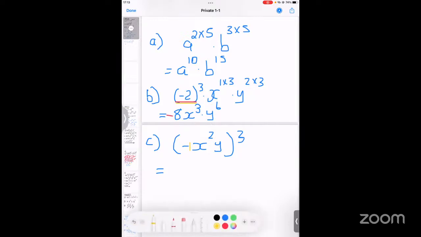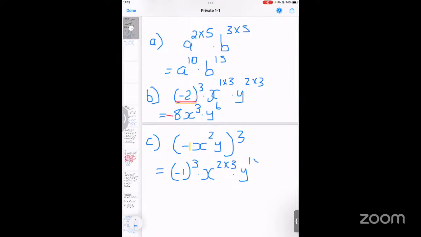So that means when it comes to this one, we will have inside the brackets -1 close to the 3. Then only after that you can say x to the 2 that you multiply by 3, and then you have y with an invisible 1 that you must multiply by 3.